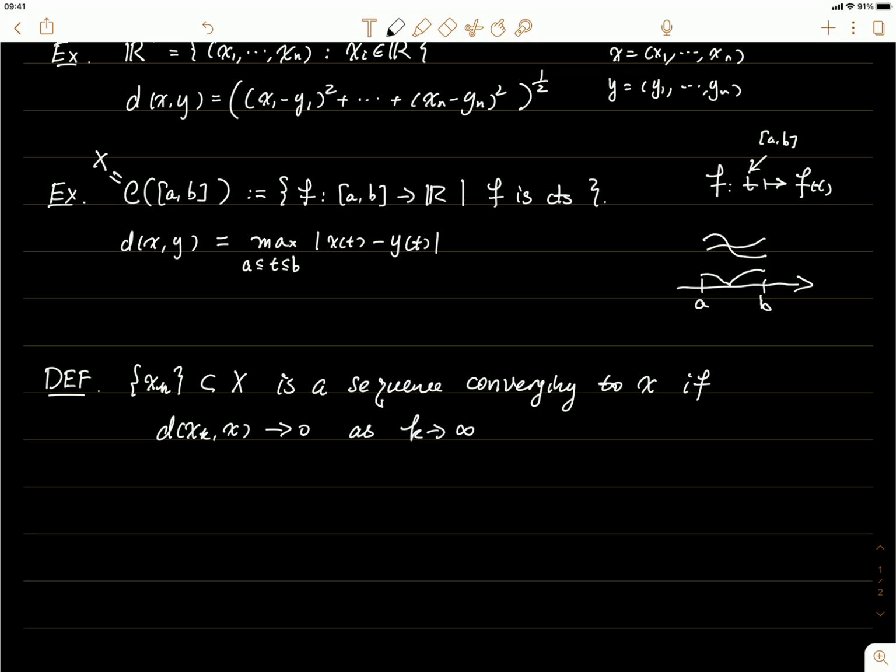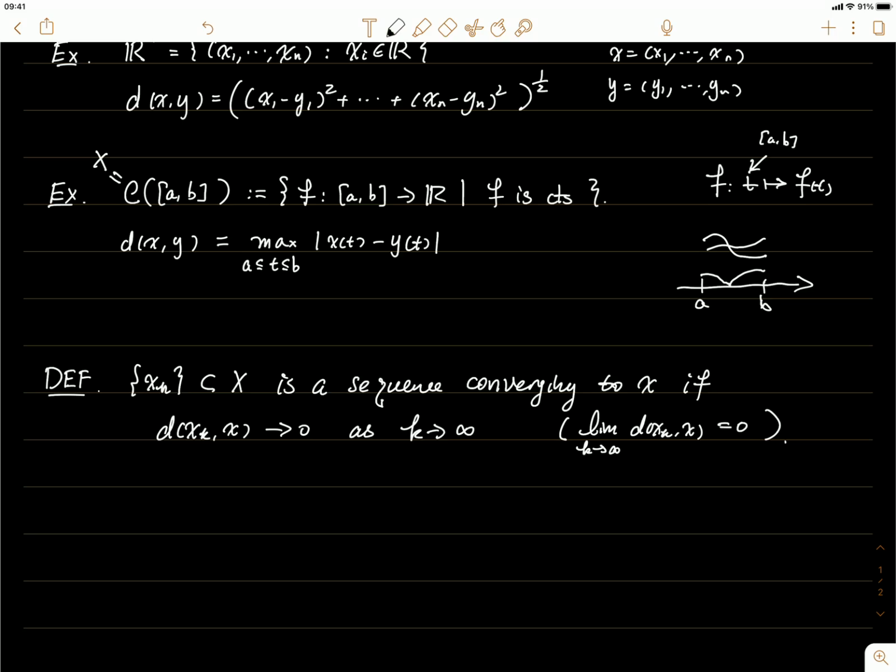Or usually we can write this as the limit of the distance between xk and x is 0 as k goes to infinity. This is what we mean by the sequence is converging, or the sequence is convergent. If you cannot tell what the limit is, at least you can tell if it is convergent or not. And if it's convergent, it's supposed to converge to some point like this.